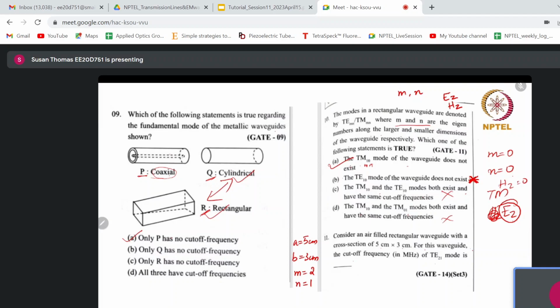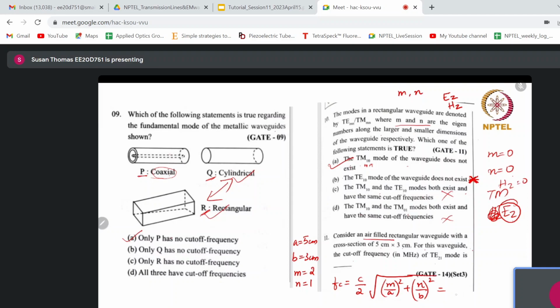Okay, that is MN21, TE21 mode. So in this case, the cutoff frequency FC is, so this is air filled, so we can write C by 2 into root of (M by A) the whole square plus (N by B) the whole square.